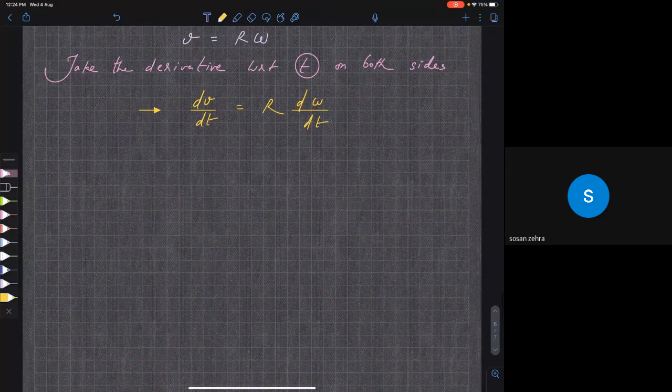So what is dv by dt? Linear acceleration, because it is the rate of change of linear velocity. And what is d omega by dt? It is angular acceleration, and it is represented by alpha.